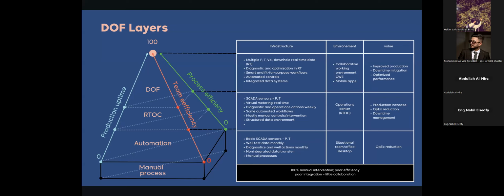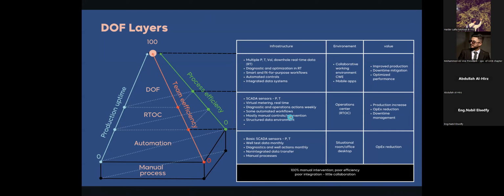So you don't need to wait 6 months or 1 year to review the well performance. As we said, we start here from the manual stage, where there is no measuring or recording of the performance of the well. If we jump to automation, we have some kind of well test, but it is monthly.